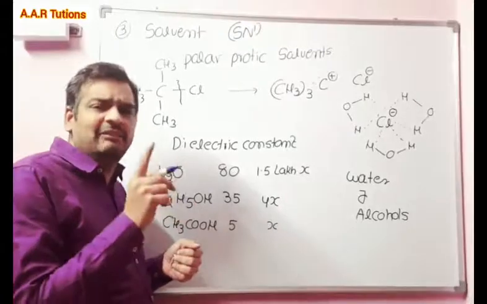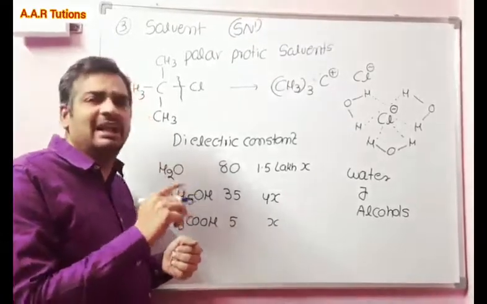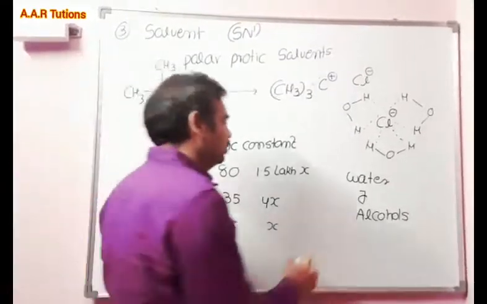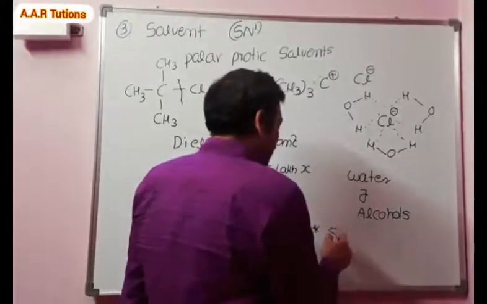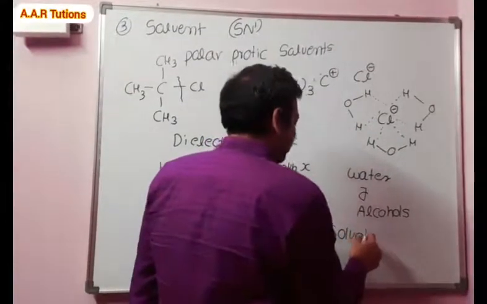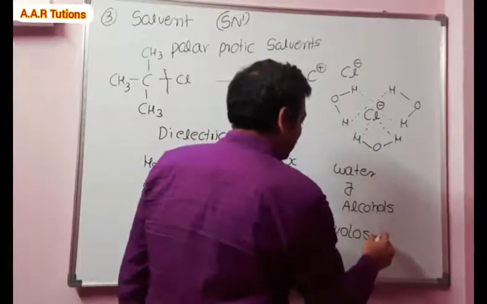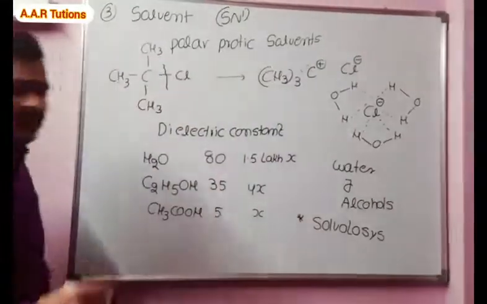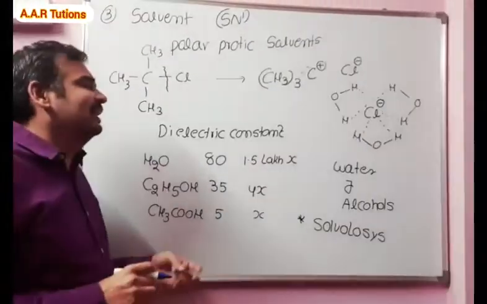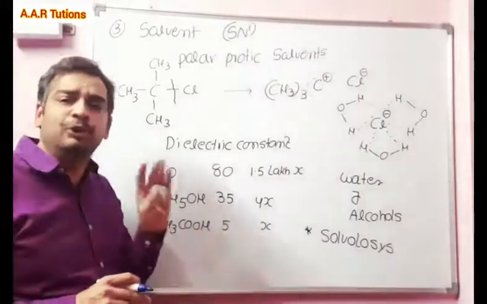The reactions in which water is used as a solvent as well as a nucleophile are said to be solvolysis reactions. What is a solvolysis reaction? In these reactions, water is acting as a solvent as well as a nucleophile.